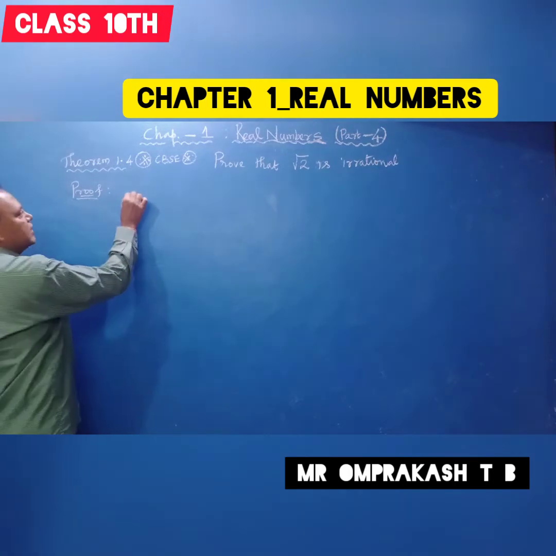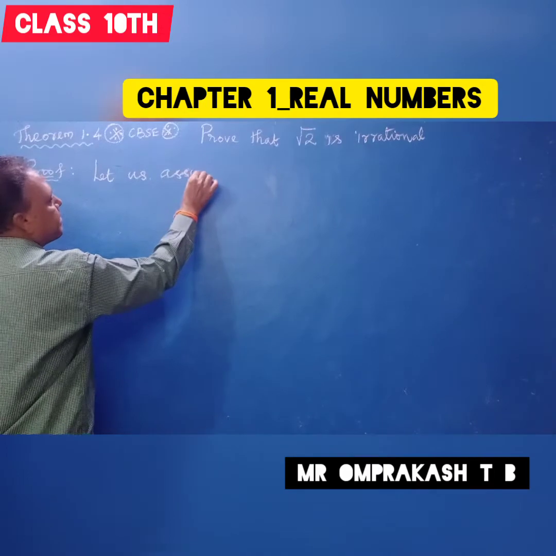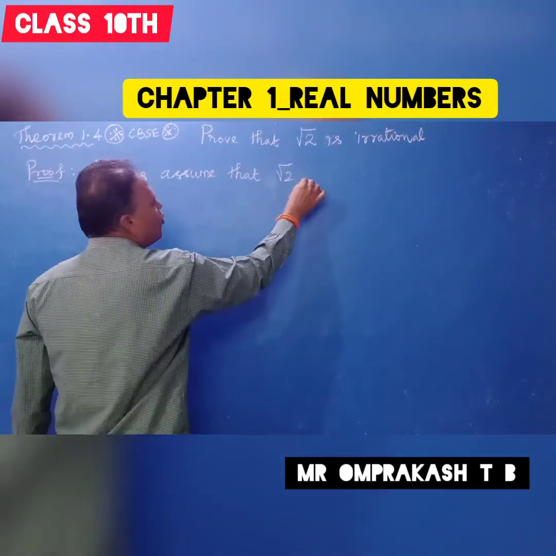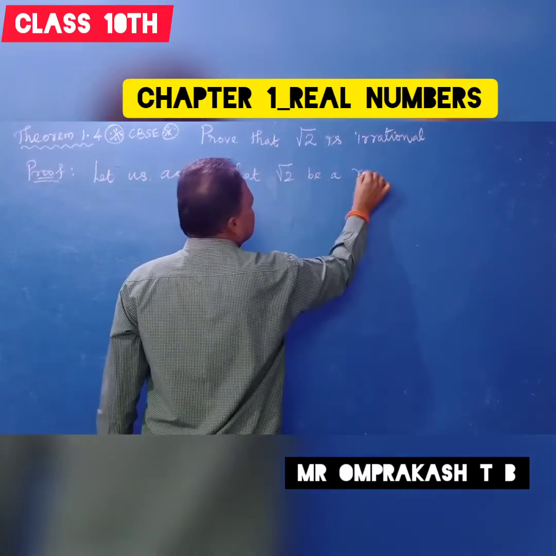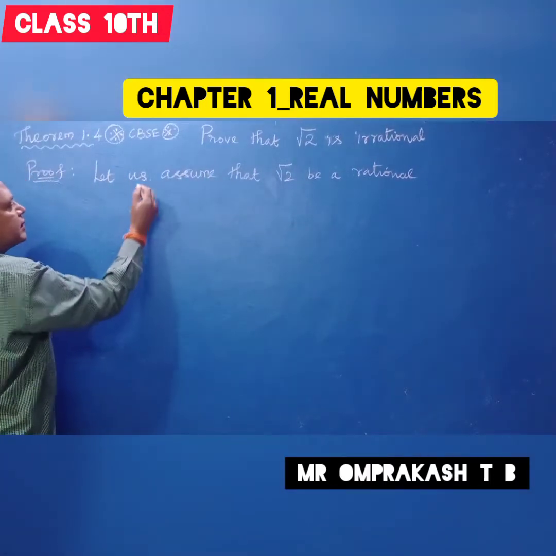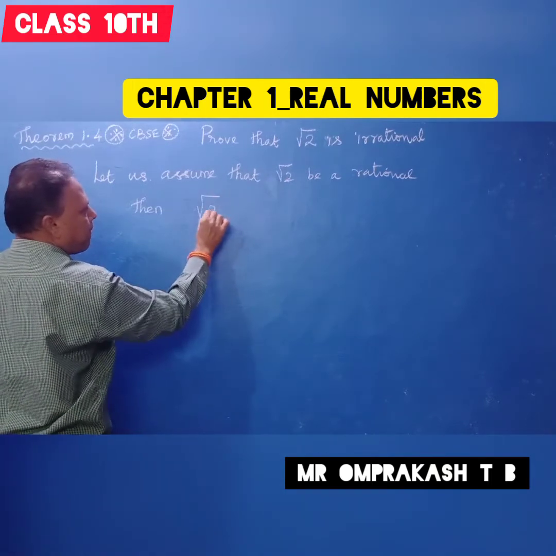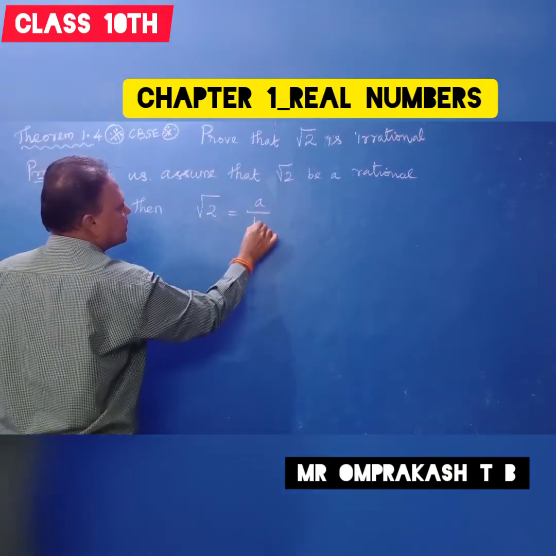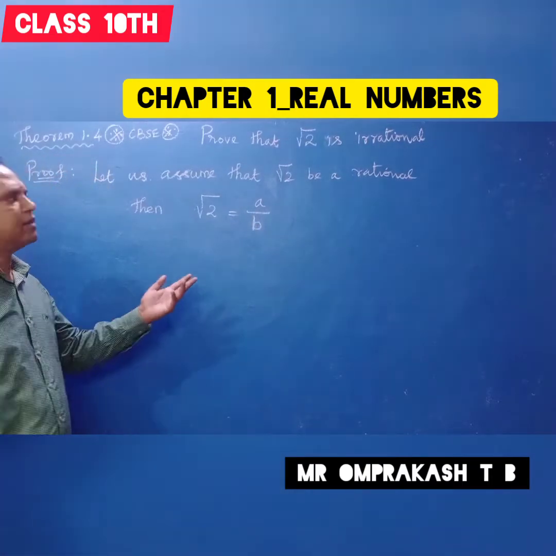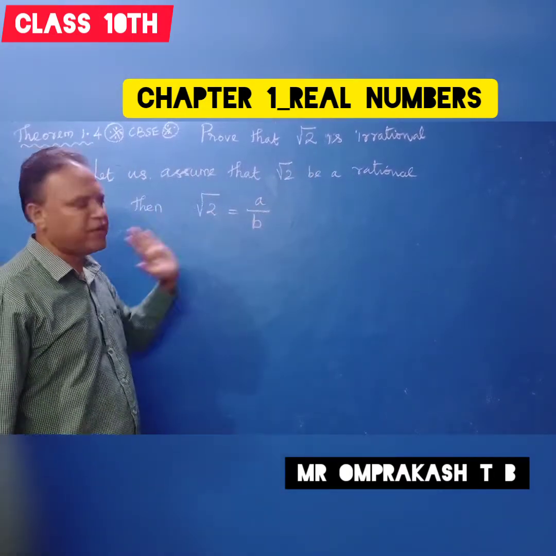So let us assume that root 2 is a rational number. Therefore root 2 is nothing but A by B, just a fraction. Once you have taken a rational number, root 2 can be written in A by B form.